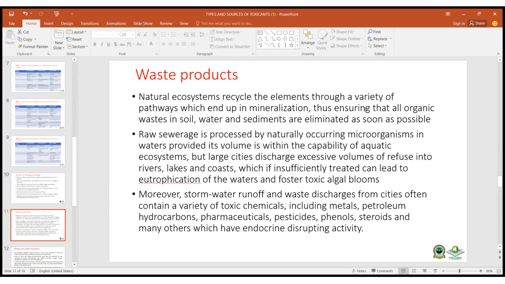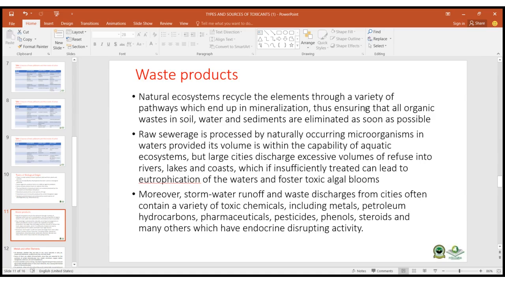Now, there are some people that discharge refuse into the river, into the lake, and into the coast. What this humongous discharge of waste products into the water body leads to is what is called eutrophication.